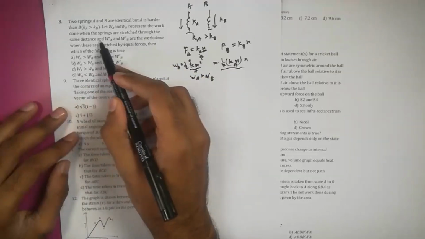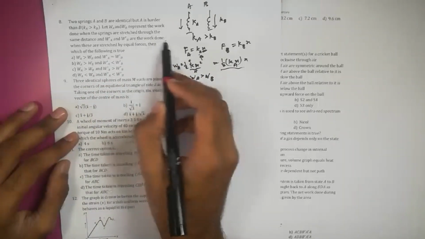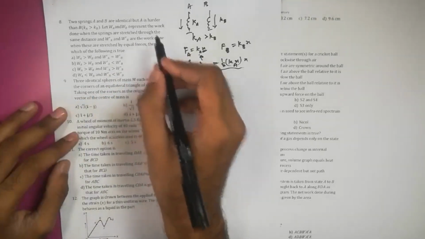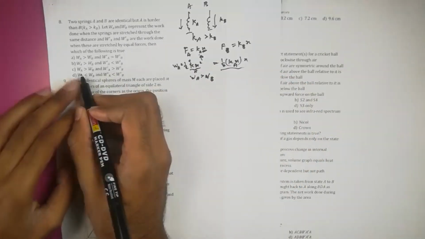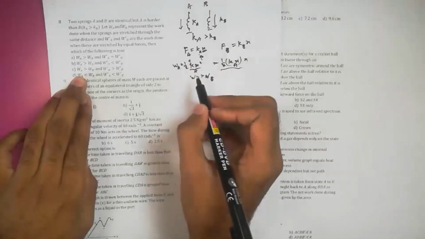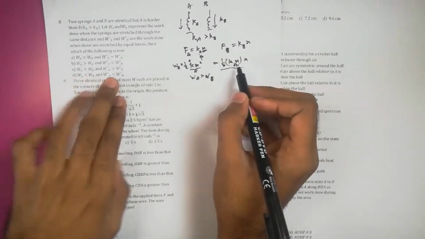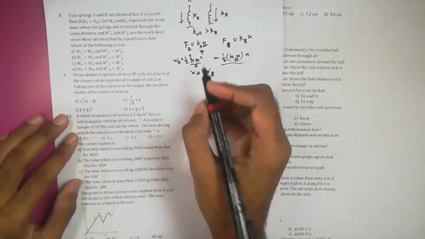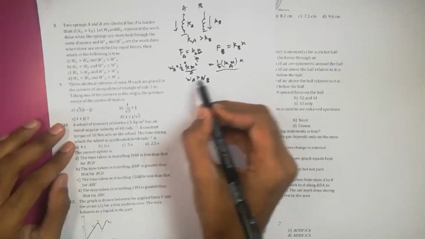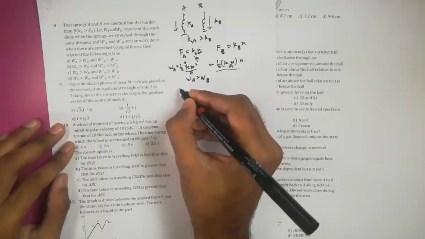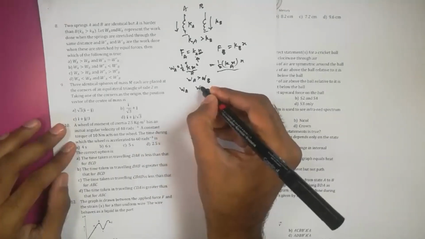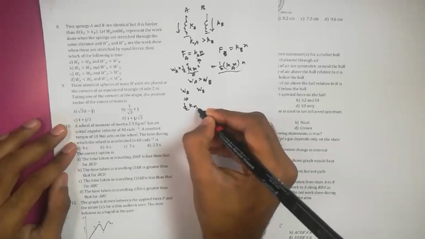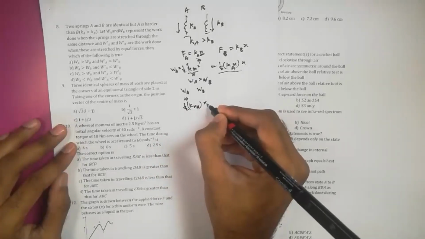So when they are stretched through the same distance, we already know that WA will be greater than WB. Now, when they are stretched with the same amount of force, if we apply this formula, we can compare WA prime and WB prime by using half K XA and similarly half K XB.